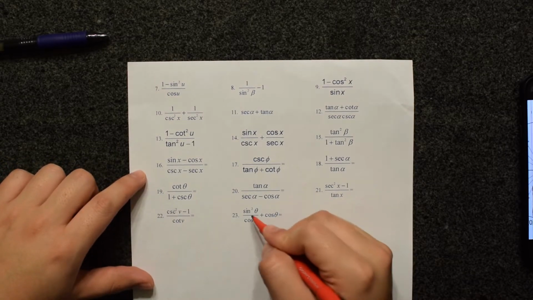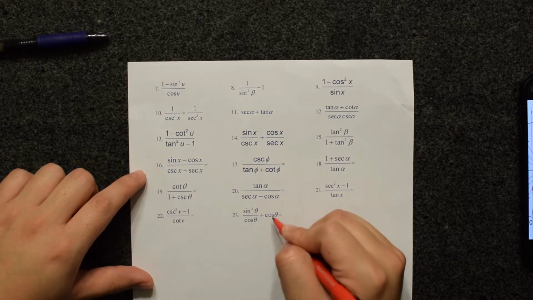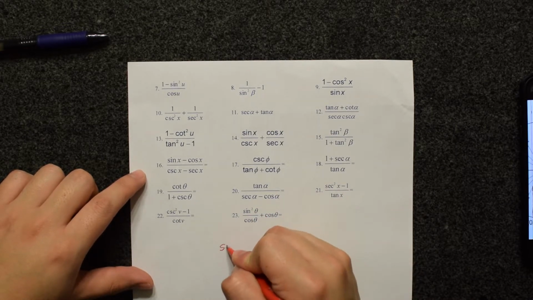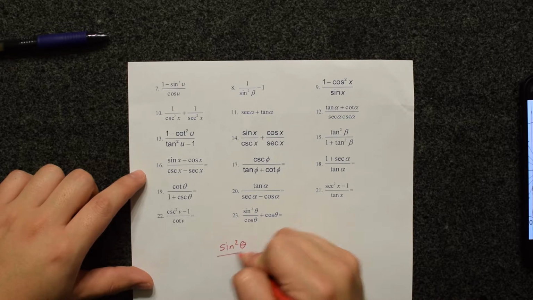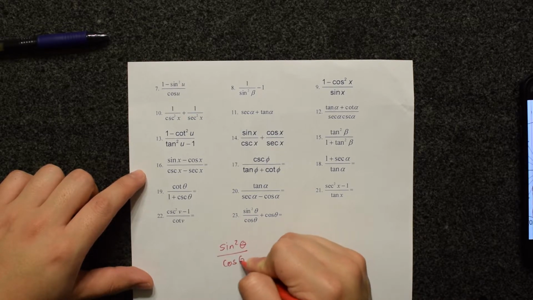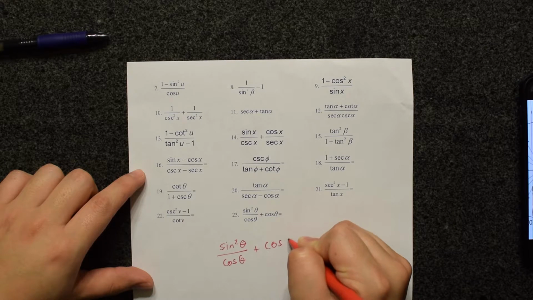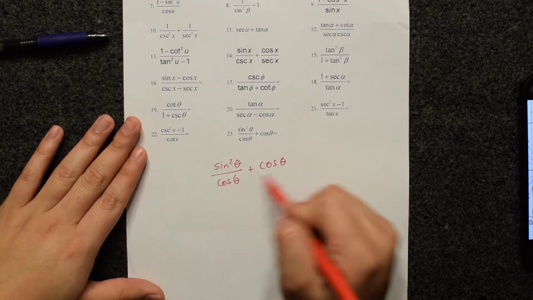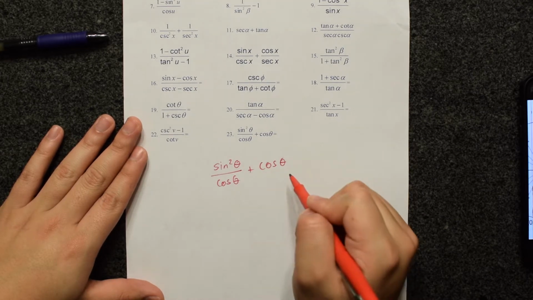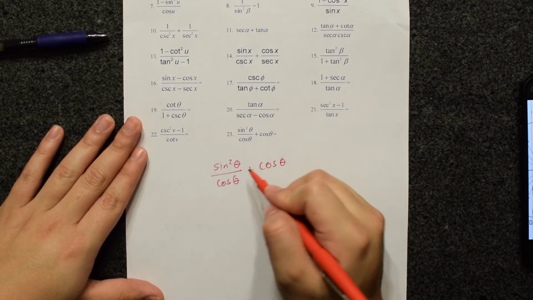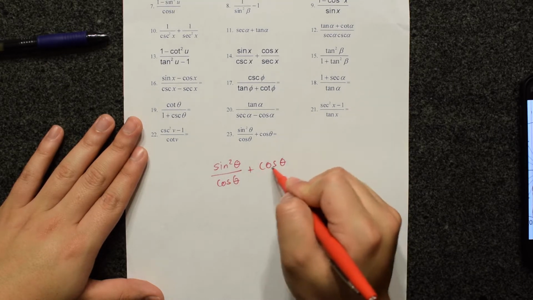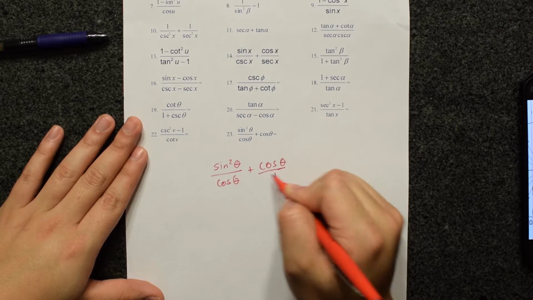For example, let's say I am working on this one right here, 23. We have sine squared theta over cosine theta plus cosine theta. Now, in the beginning, it doesn't look like we can add these together right away. But what we can do is make this into a fraction that we can add to this.